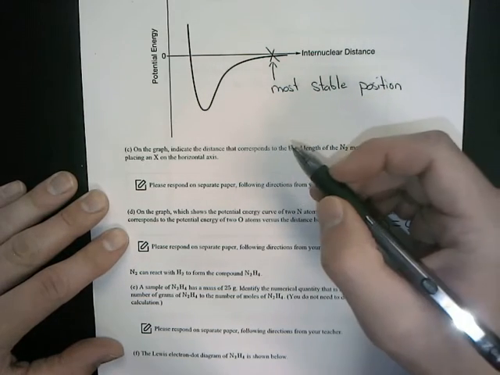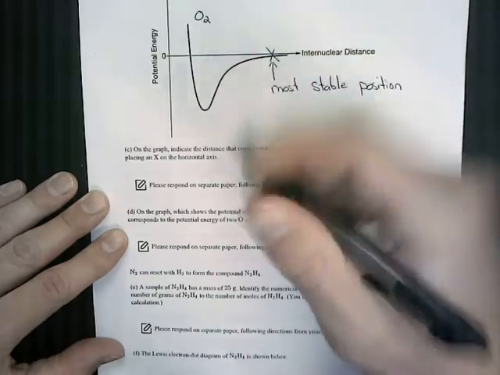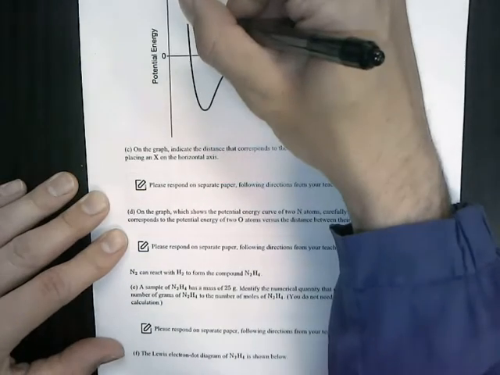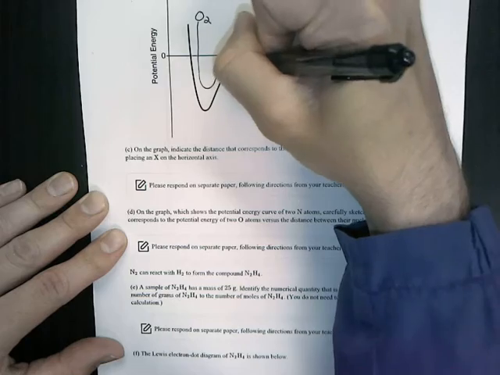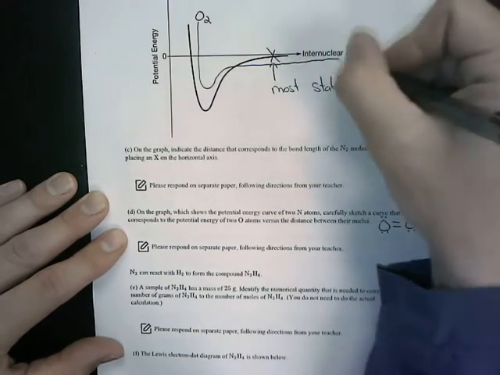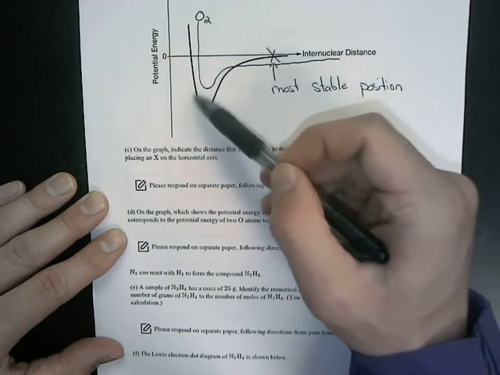The potential energy is going to be less because, again, we only have 2 covalent bonds compared to 3. So our line here for oxygen, and since I'm writing in a black pen, I'm going to put O2. It's going to have less potential energy, but the distance is going to be further. So I drew that line out further. And this shows 2 things.